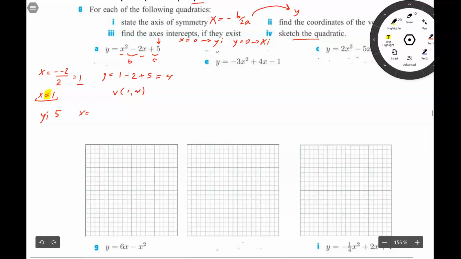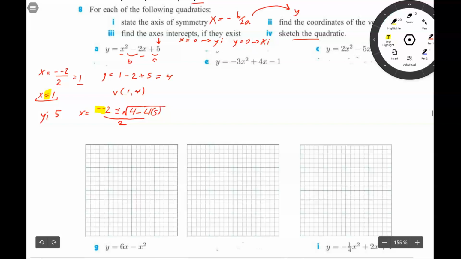It'll be negative b, so negative minus 2, plus or minus square root of b squared, which is going to be positive 4 because negative 2 times itself is positive 4, minus 4ac, so minus 4 times a, which is 1, and c, which is 5, divided by 2 times a, which is just going to be 2. And remember, negative times negative is positive.